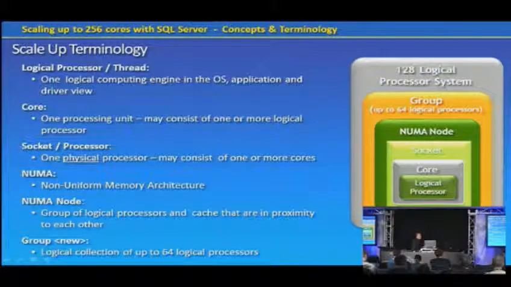When I say core, I mean a die, an actual CPU silicon entity. Certainly there are multiple cores per socket, so don't think of it in terms of the processor, but it is that die on the socket that is a CPU, which contains potentially multiple logical processors, using hyperthreading.